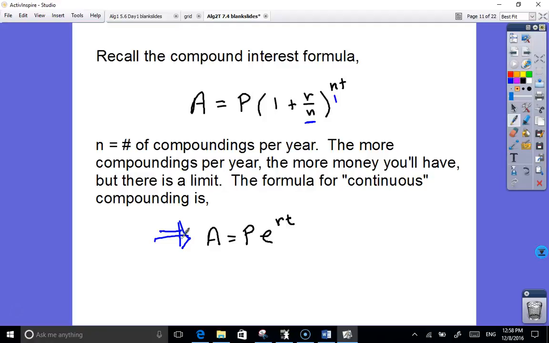So the limit as the number of compoundings goes to infinity turns this thing into this thing. So that's another place you see the e come up. They say it's the base of the natural logarithm, but it comes up in lots of places, and it's really interesting how that works.